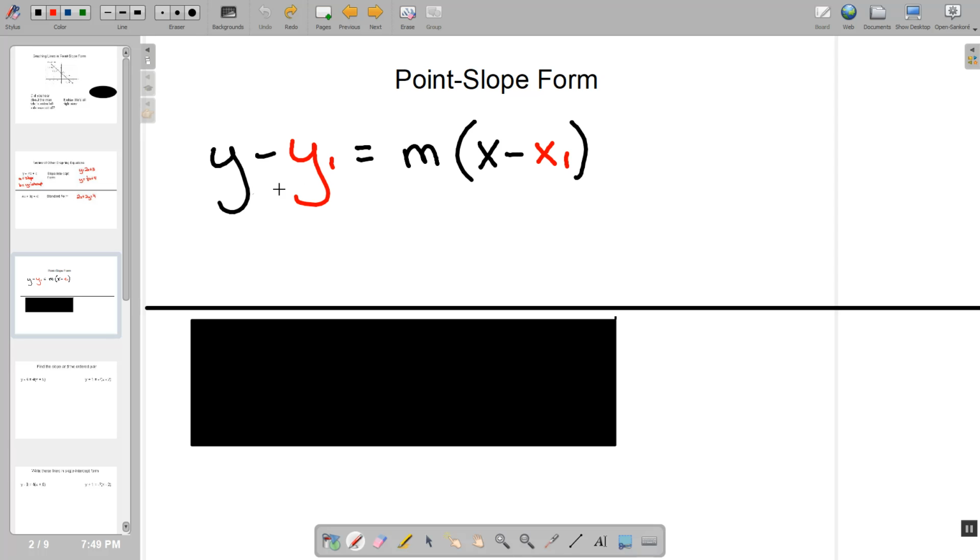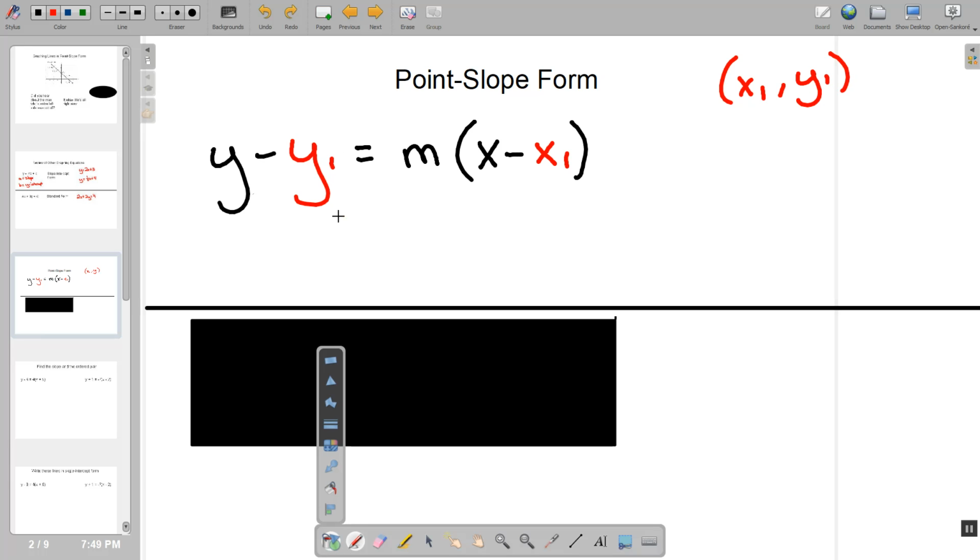Now, this looks really crazy, but I outlined the red here to indicate that these are the things you replace with regular numbers. So x1 comma y1, sorry, I messed that up, is just an ordered pair.